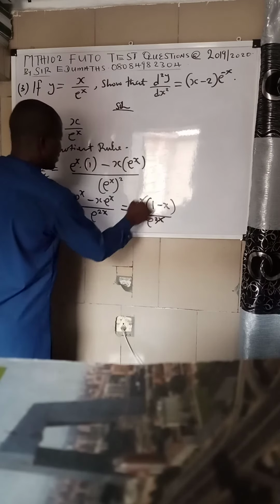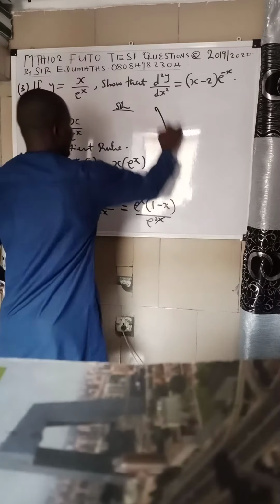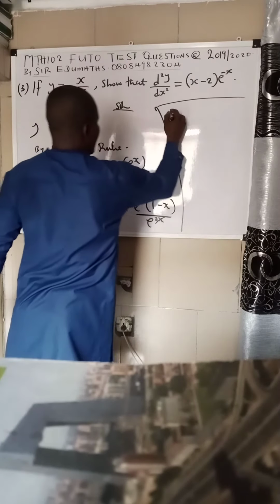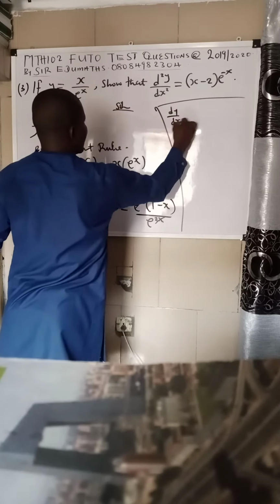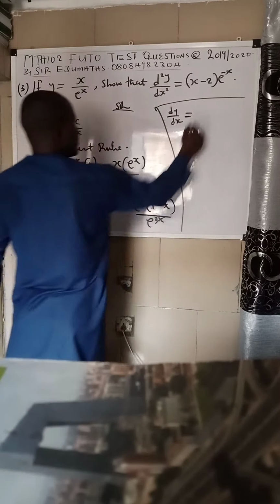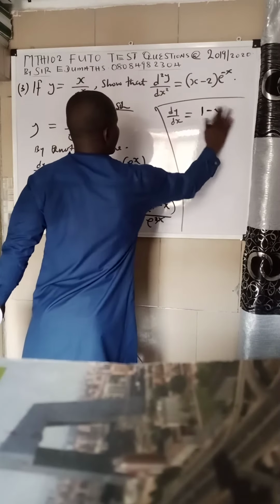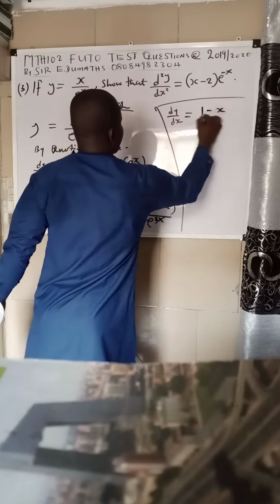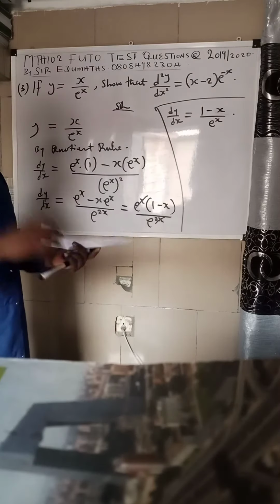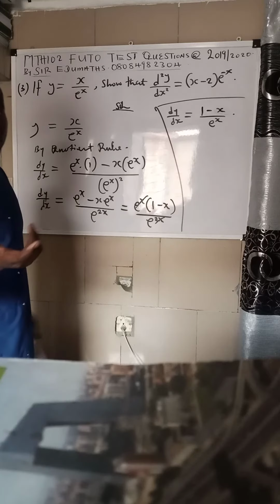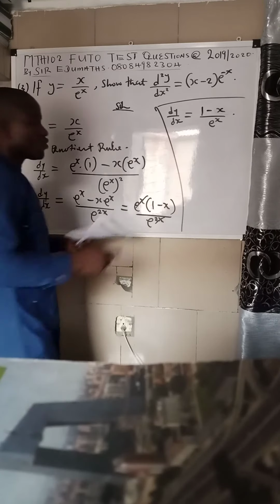One of these will cancel one of these. At the end of the day, what we have is dy/dx is equal to 1 minus x all over exponential x. So this becomes our first derivative.